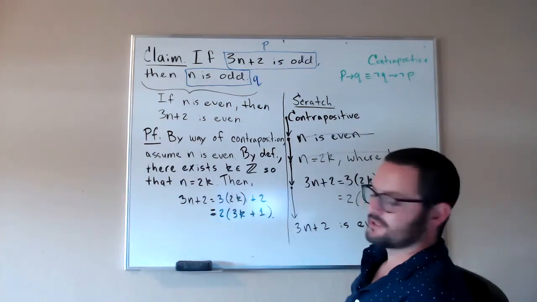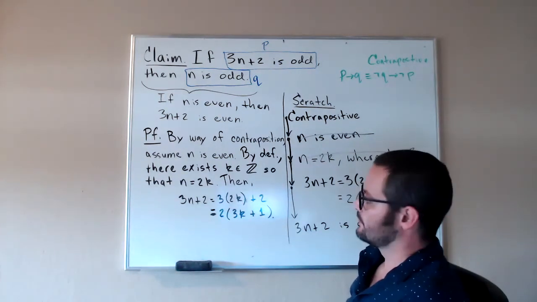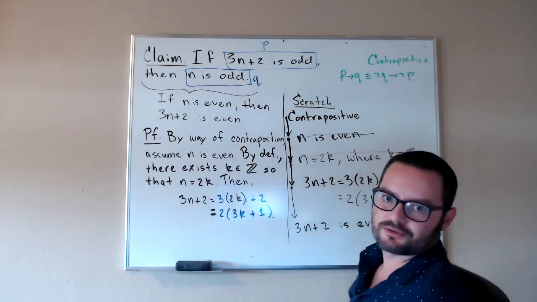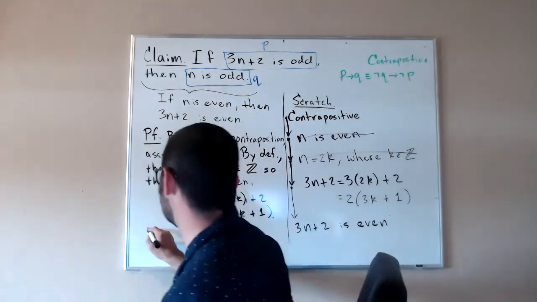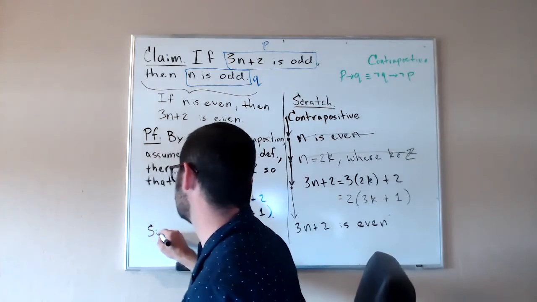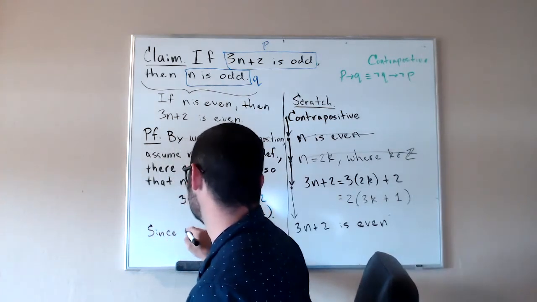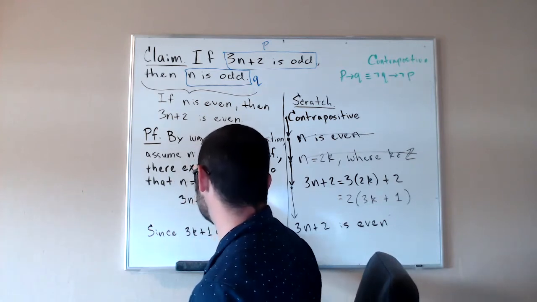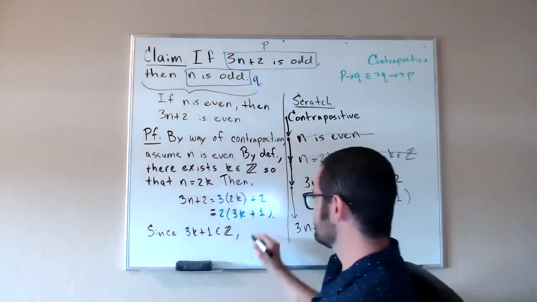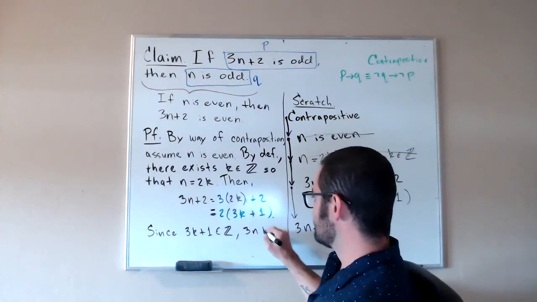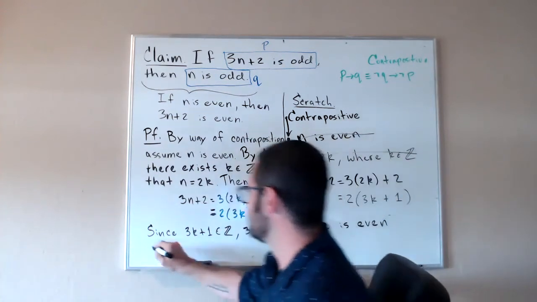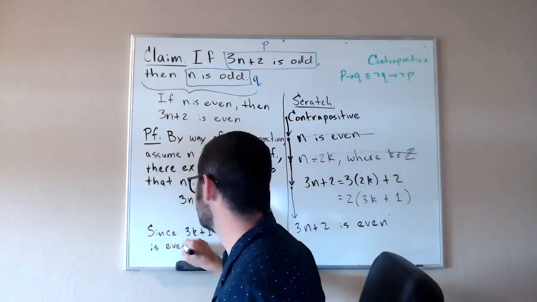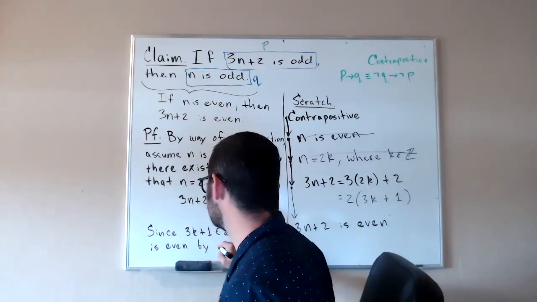So now you just have to reference the definition again to finish off the proof, because we see that 3n plus 2 is equal to 2 times an integer. So you can say something like, since 3k plus 1 is an integer, 3n plus 2 is even by definition.